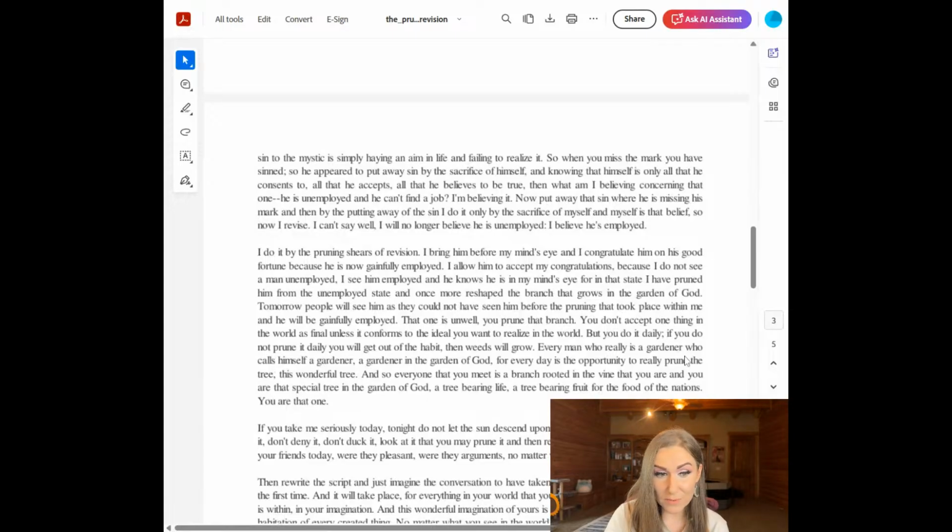Every man who really is a gardener, who calls himself a gardener in the garden of God, for every day is the opportunity to really prune the tree, this wonderful tree. And so everyone that you meet is a branch rooted in the vine that you are. And you are that special tree in the garden of God, a tree bearing life, a tree bearing fruit for the food of the nations.